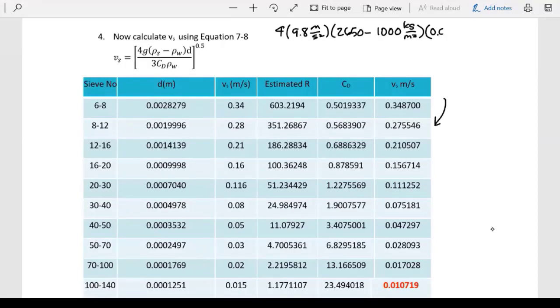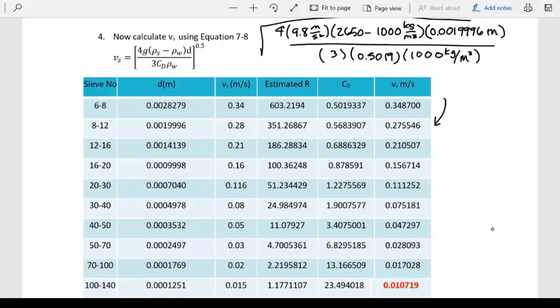So it's again your geometric mean, again in meters, divided by 3 times my coefficient of drag times the density of the water, and this whole thing to the square root. And that is this terminal settling velocity. And notice it's not much different from what we estimated from the graph.